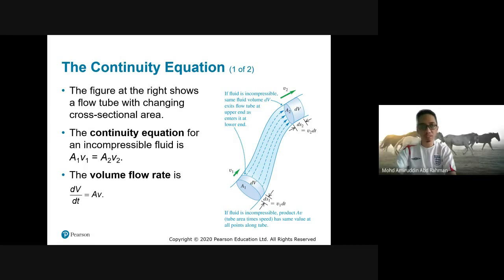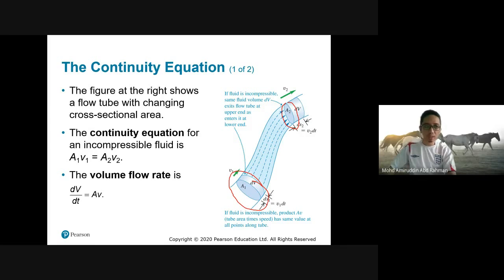That's related with the area of the flow line. Let's look at the figure over here. We have A1, the area of the flow line, and then we have another area at flow 2. So we have a different area of the flow line.